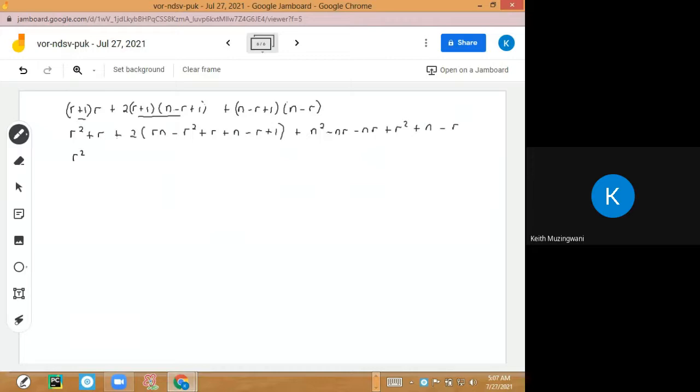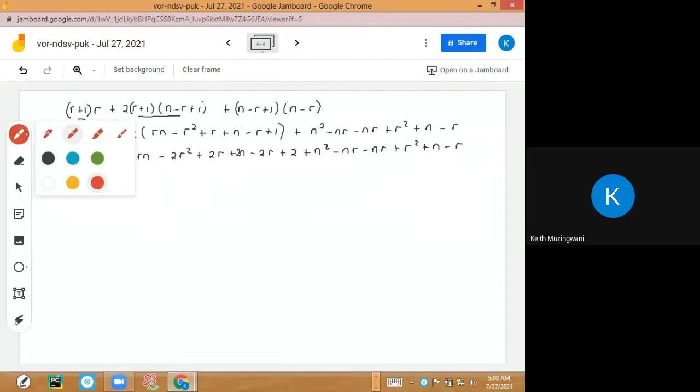This is r squared plus r plus 2rn minus 2r squared plus 2r plus n, plus 2n minus 2r plus 2, plus n squared minus nr minus nr plus r squared plus n minus r.